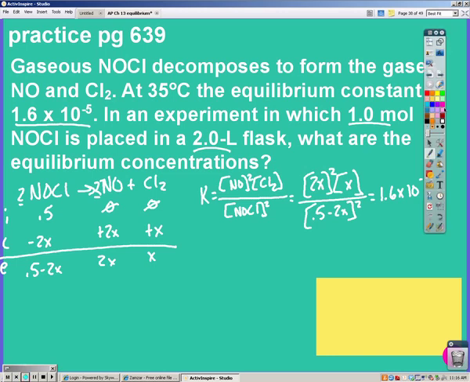So I've plugged everything in. Again, I can ignore minus 2x, but I can't ignore the square, or the 0.5.